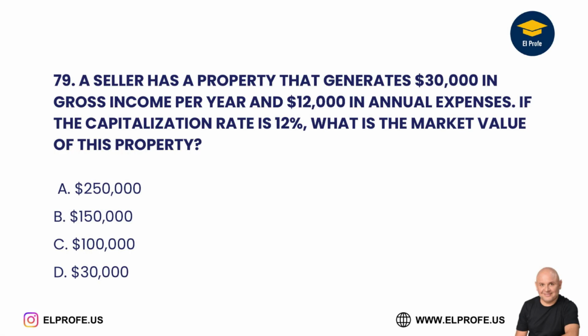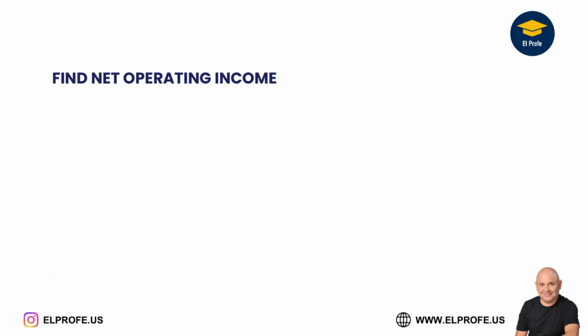79. A seller has a property that generates $30,000 in gross income per year and $12,000 in annual expenses. If the capitalization rate is 12%, what is the market value of this property? Well, the first thing I have to do here is find the net operating income, and the NOI is equal to the gross income minus the expenses.